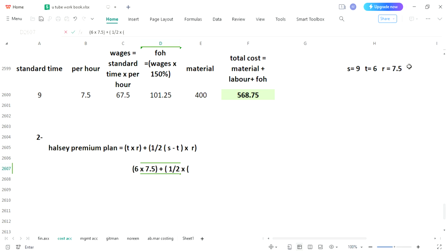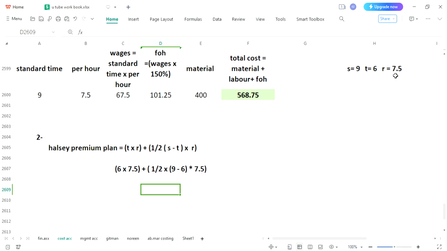Standard time is what? 9. Then you will subtract time taken, which is 6, close your bracket, and then multiply it with rate per hour, which is 7.5. Close the bracket. This is your statement, and now we will put it on our calculator.